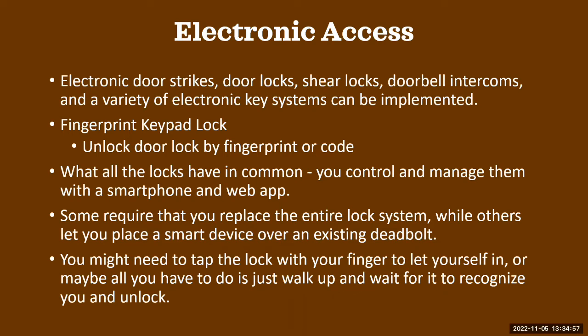Some require that you replace the entire lock system, while others let you place a smart device over an existing deadbolt. You might need to tap the lock with your finger to let yourself in, or maybe all you have to do is just walk up and wait for it to recognize you and unlock.